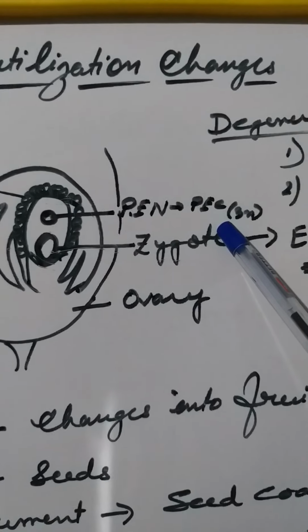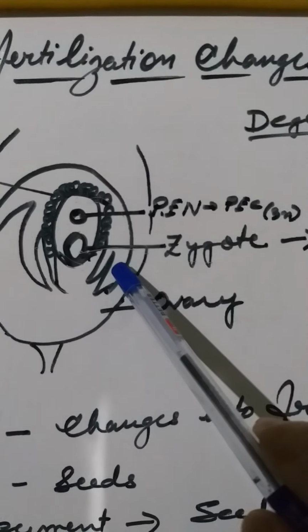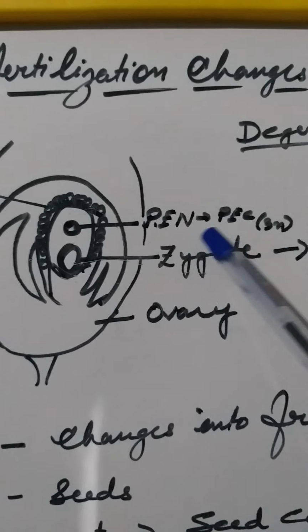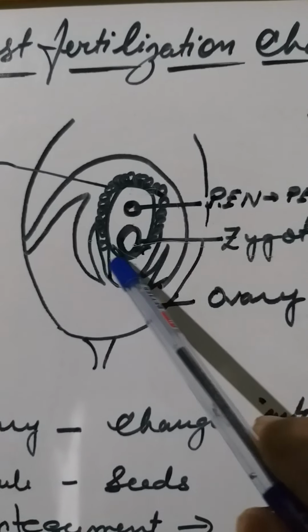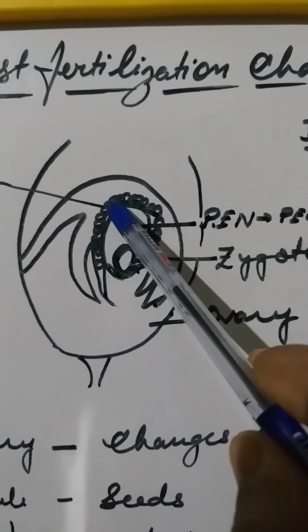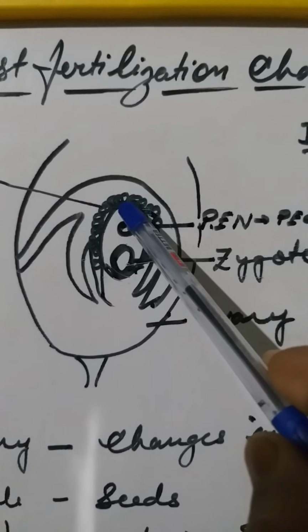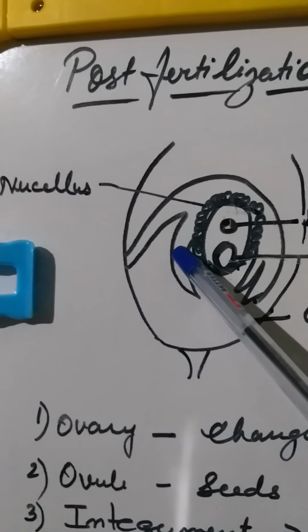As you can remember, two polar nuclei fuse with another male nucleus, so it forms a triploid. Here we had seen that the two synergids degenerate, and the antipodals, which we had at the chalazal end, also degenerate.